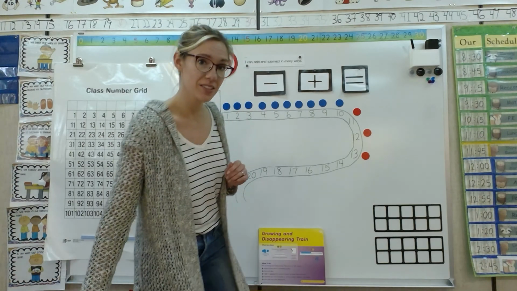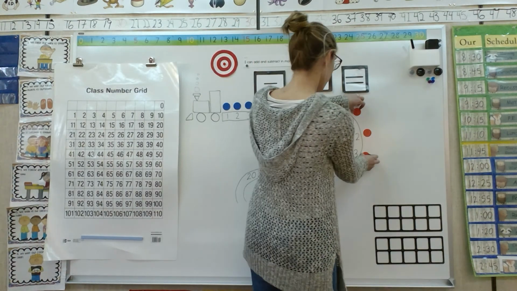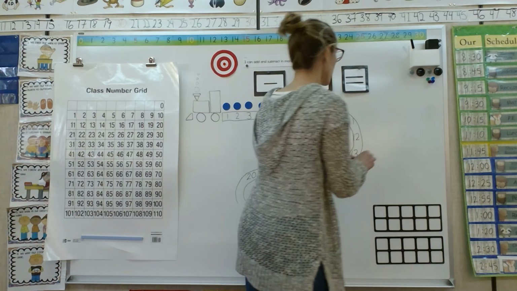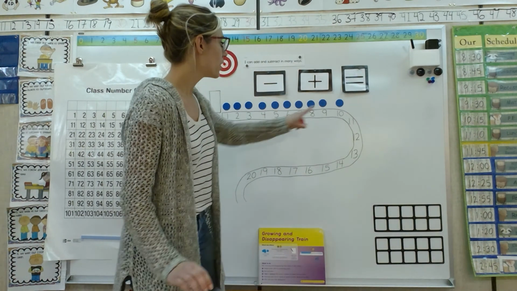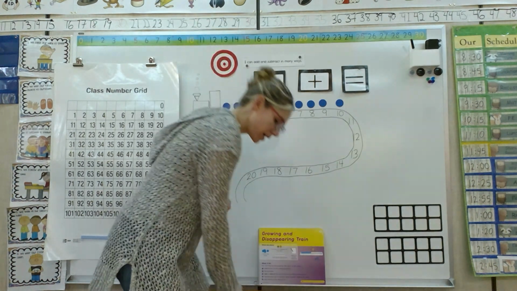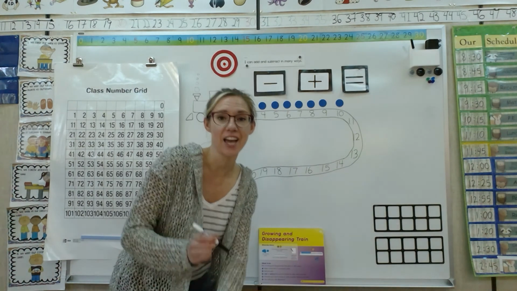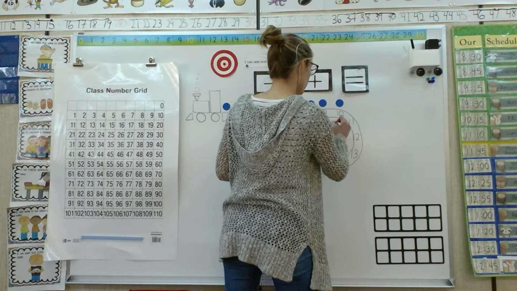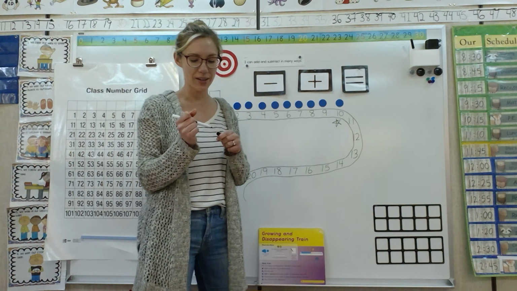So I'm going to set our train back to the beginning. We're going to start our train at the number 10. So our train right now has 10 train cars. I'm going to put a star right here. That way we know that's where we started.